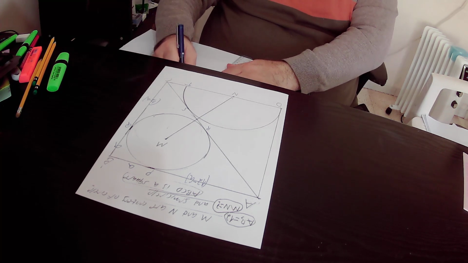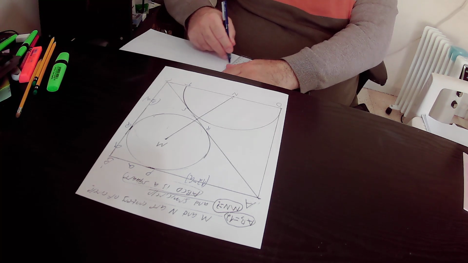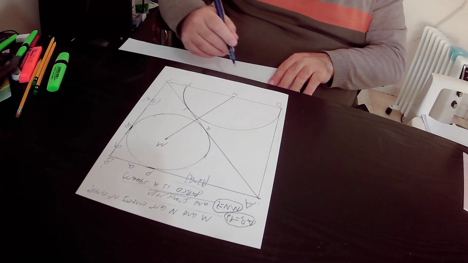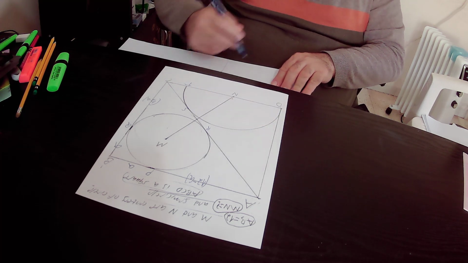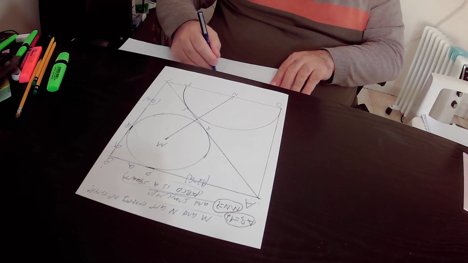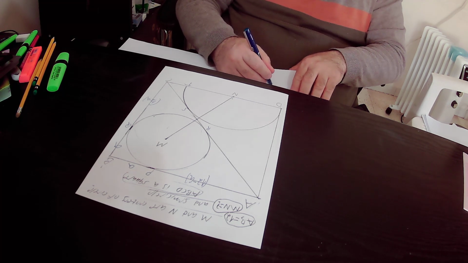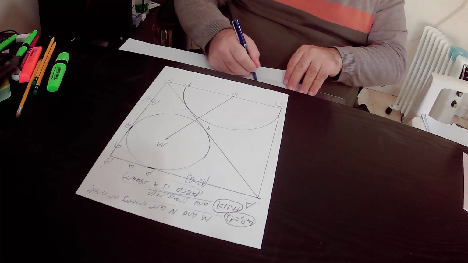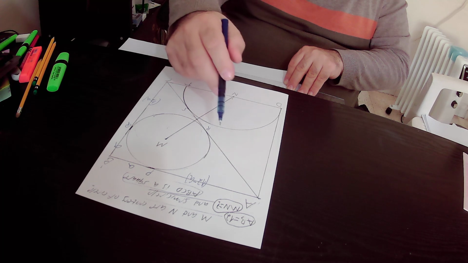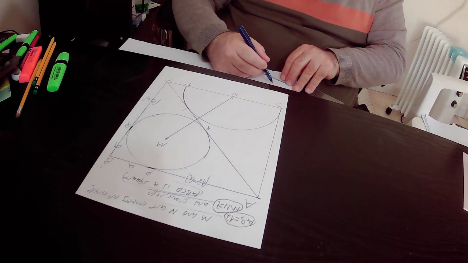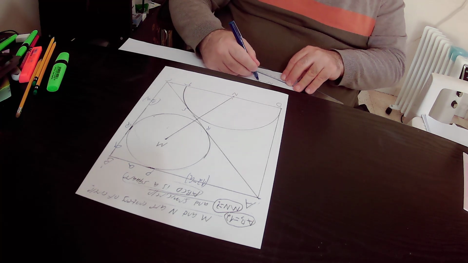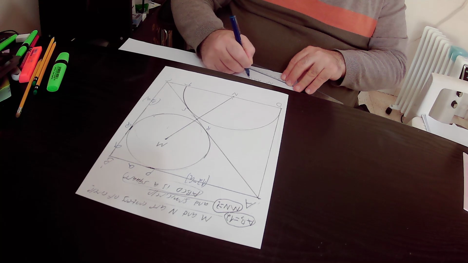Okay. We will focus on the external point A. From the external point A, we have two tangents to this circle. The first tangent is tangent AP, and the second tangent is tangent AR. And according to rule number 1, they are equal to each other.